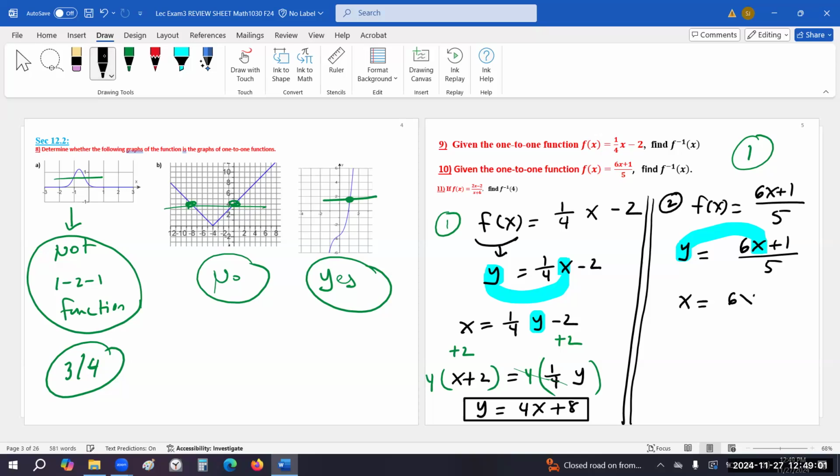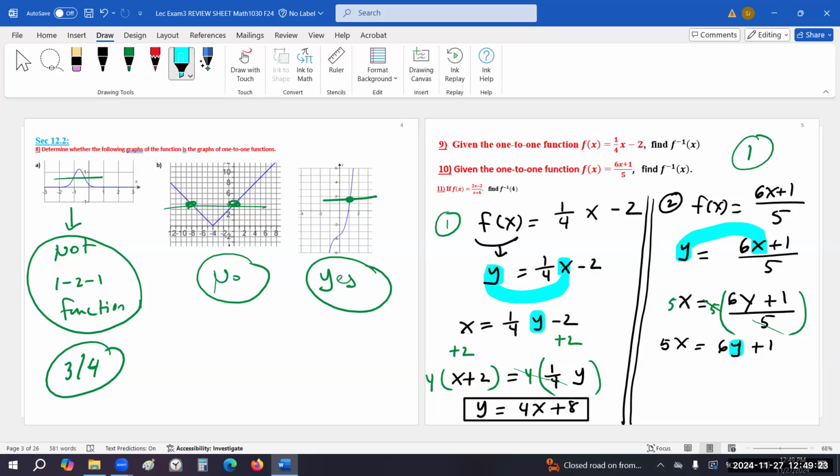X equals (6y plus 1)/5. We don't want the denominator, so I multiply both sides by 5. Five x is 6y plus 1.